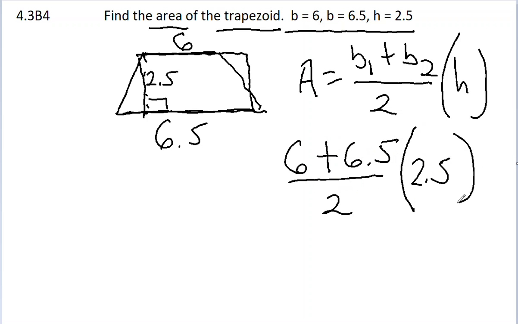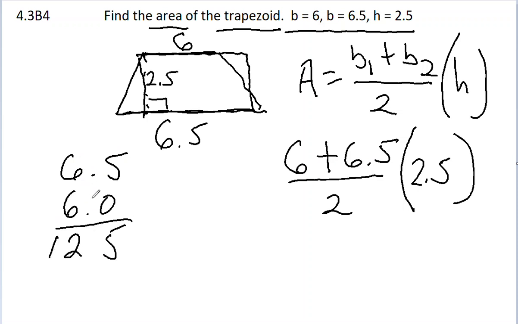Okay, the worst part of this problem is probably going to be doing the math. 6 plus 6.5, let's make sure that we line up the decimals and add them together. We end up with 12 and bring the decimal straight down. 12.5 divided by 2. 2 goes into 12 6 times.